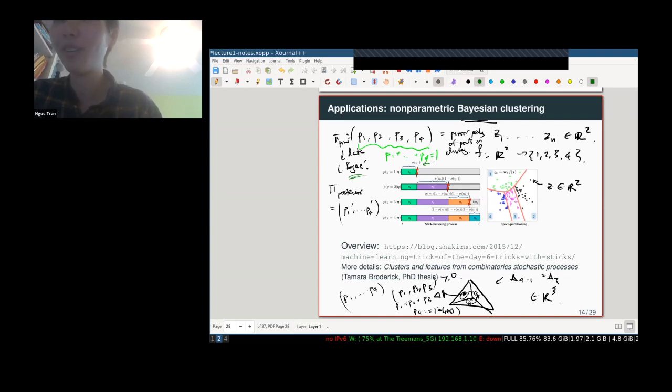So here, instead of doing uniform, I can do slightly different. A uniform one is a Beta(1,1), and in general people do Beta(A,B).